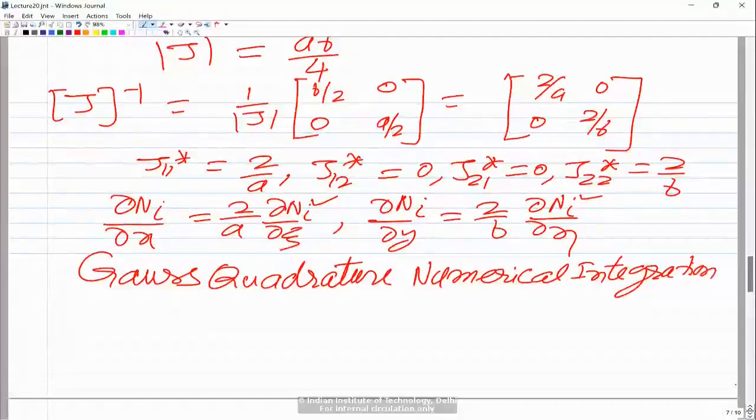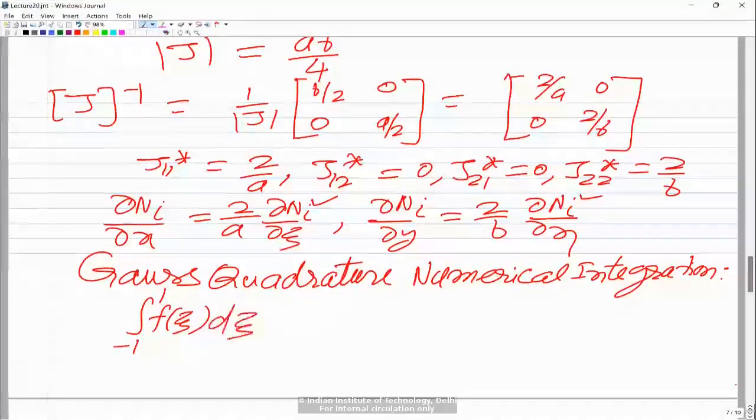So first let me demonstrate a simple thing. Suppose we have an integral from -1 to +1, and the integrand is a function of xi, which is f(xi). This integration we want to do, the integration of this f(xi) from -1 to +1. So in the numerical integration, what we do is we convert this integration into a summation.